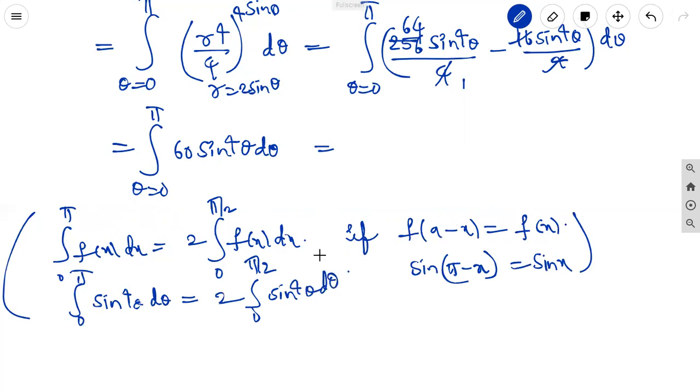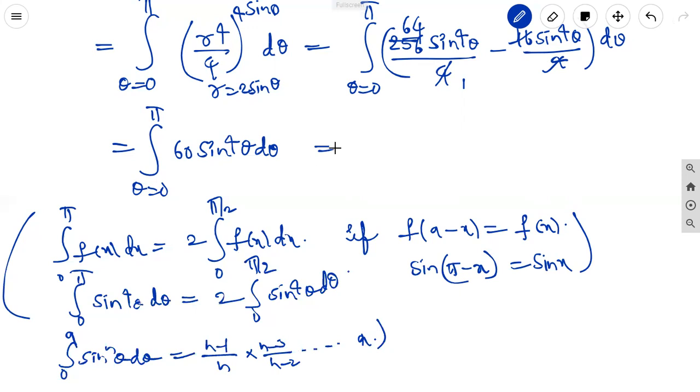Then we have one more condition: the integral from 0 to pi by 2 of sin power n theta d theta equals (n minus 1) by n times (n minus 3) by (n minus 2), and so on, until the last term.